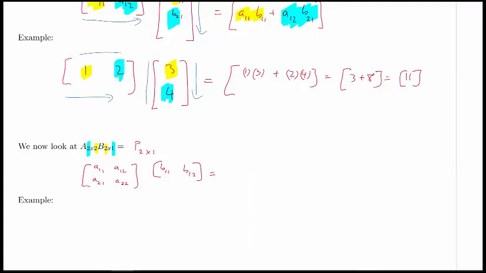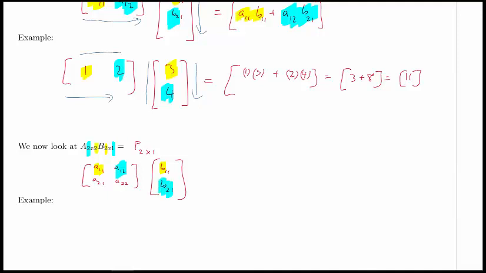When you multiply through, again, this guy is going to go to this guy, and then this guy is going to go to this guy. Sorry, I should have written it like this. There we go.